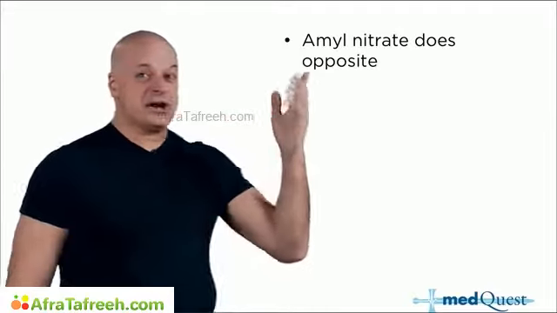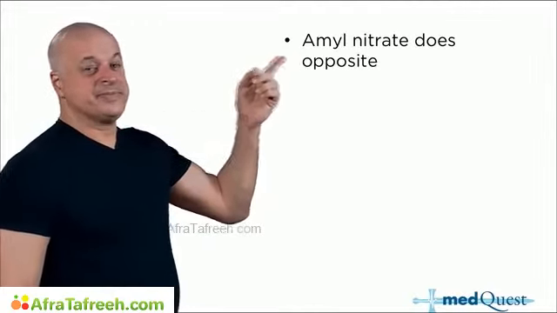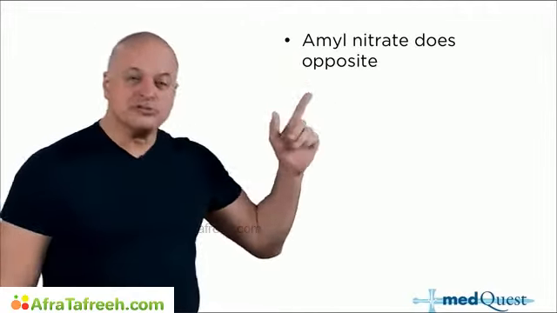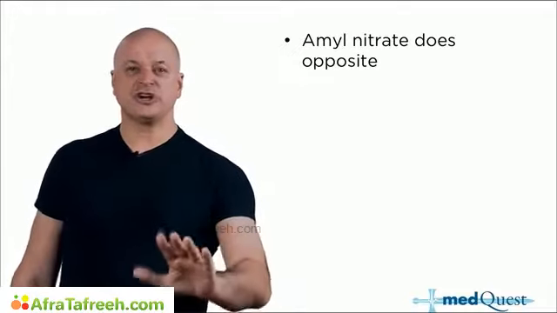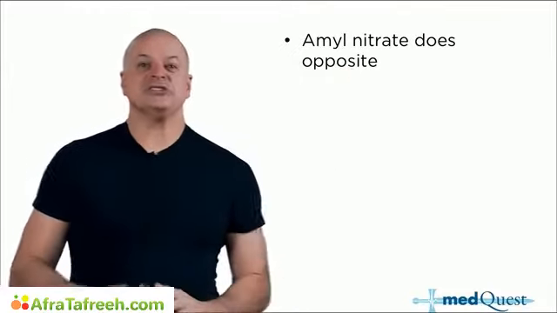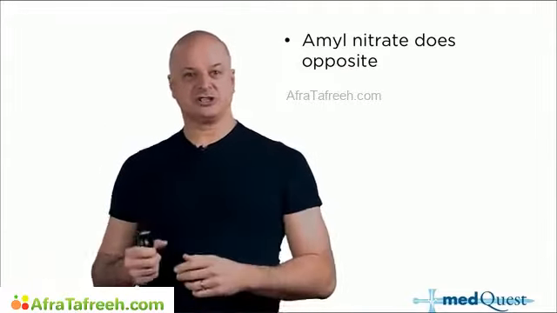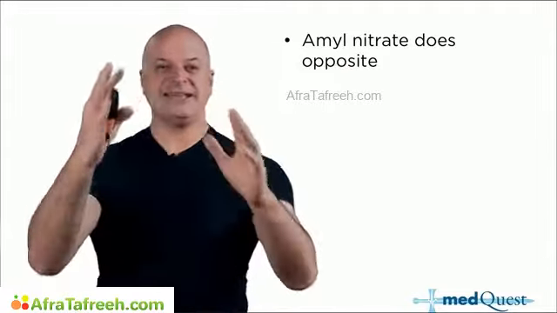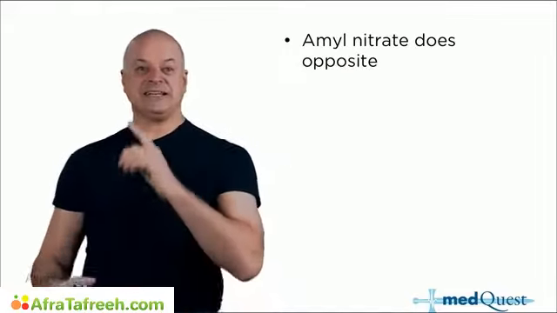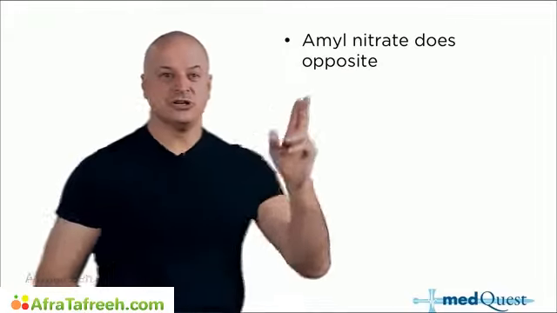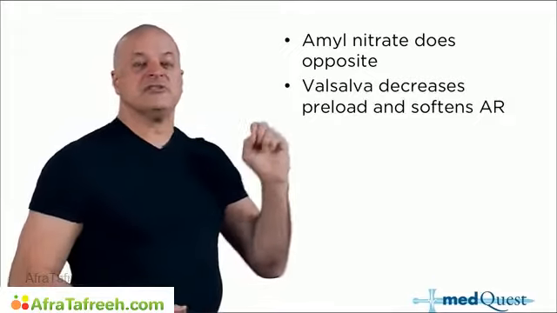If it gets better with an ACE inhibitor, it'll get better, softer with amyl nitrate, because amyl nitrate dilates the vasculature and makes it easier for blood to get out of the heart.